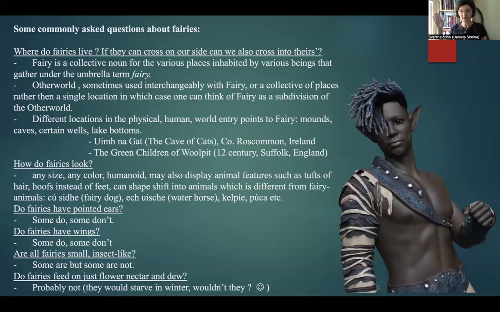In some situations, like smaller humans, but still within the human range for height, or extremely tall. So there's a huge variation in height. Some are small, some are not.